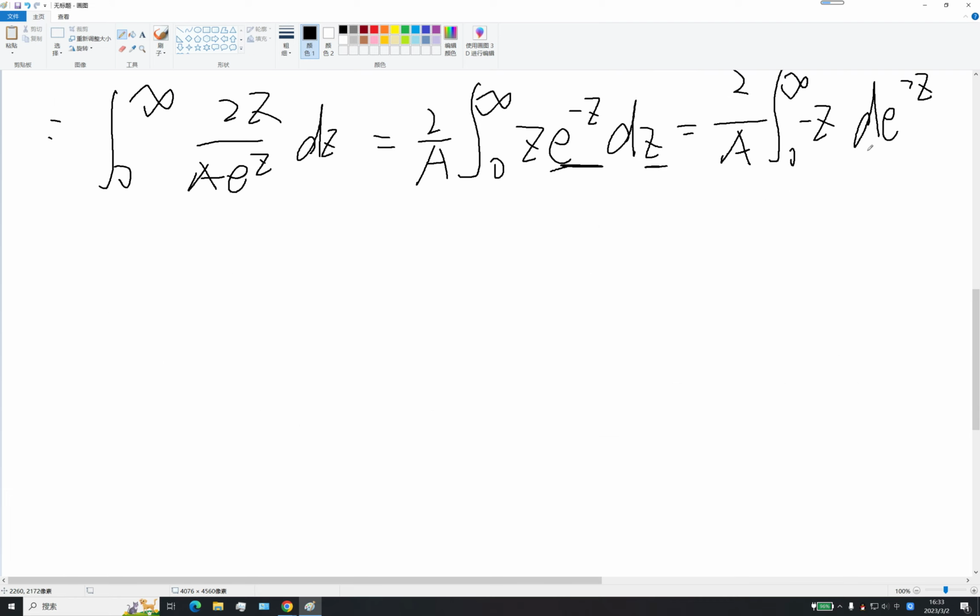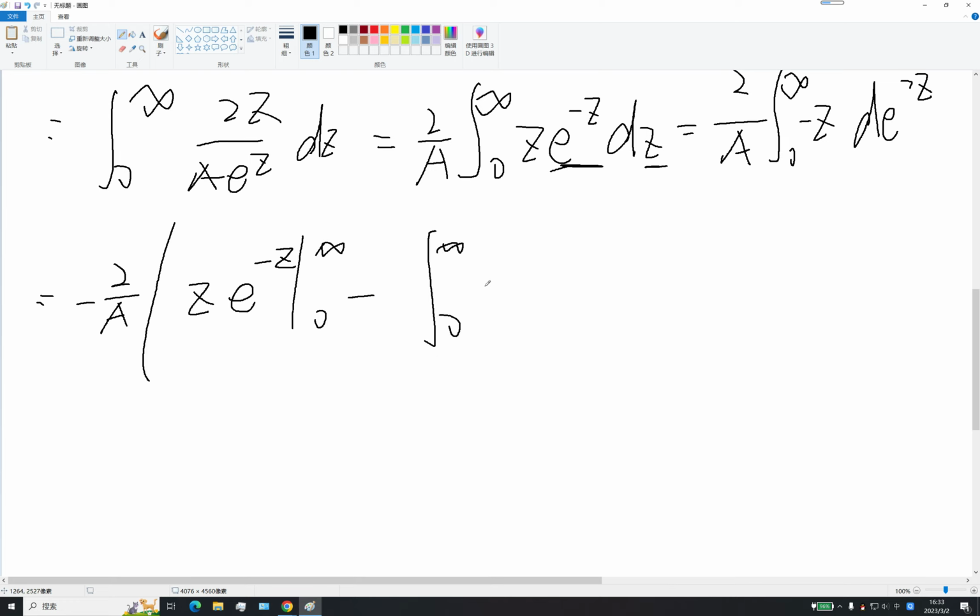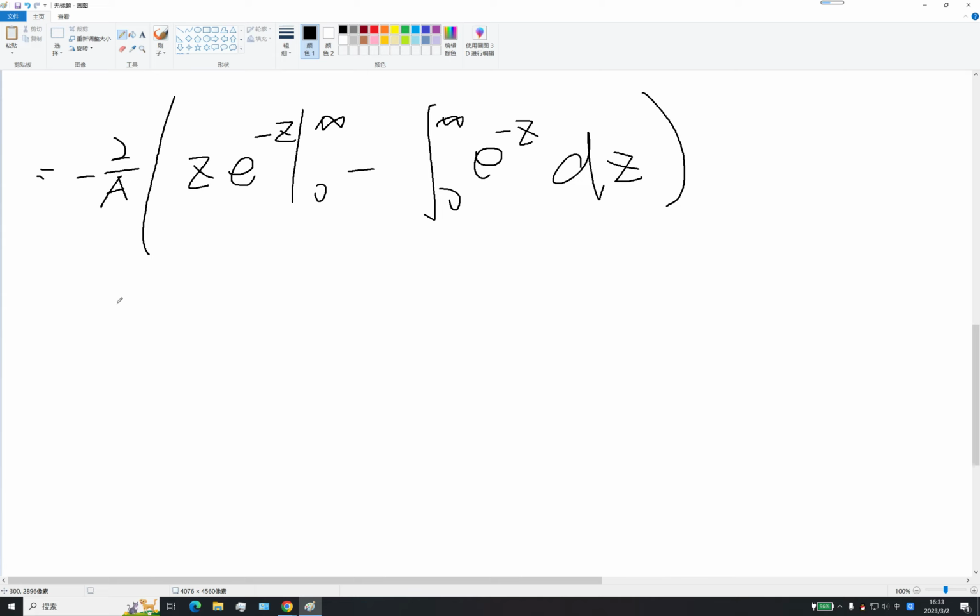Now we can calculate this. This is minus 2 over a, take the minus outside, z e to the minus z from 0 to infinity, minus the integral from 0 to infinity of e to the minus z dz.